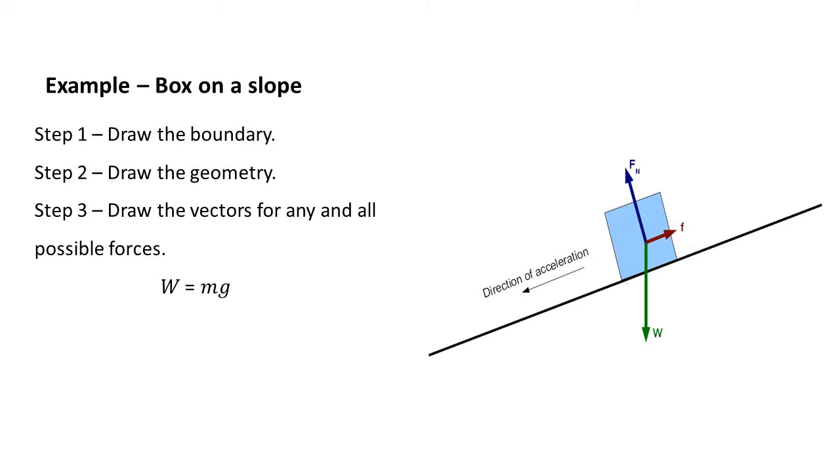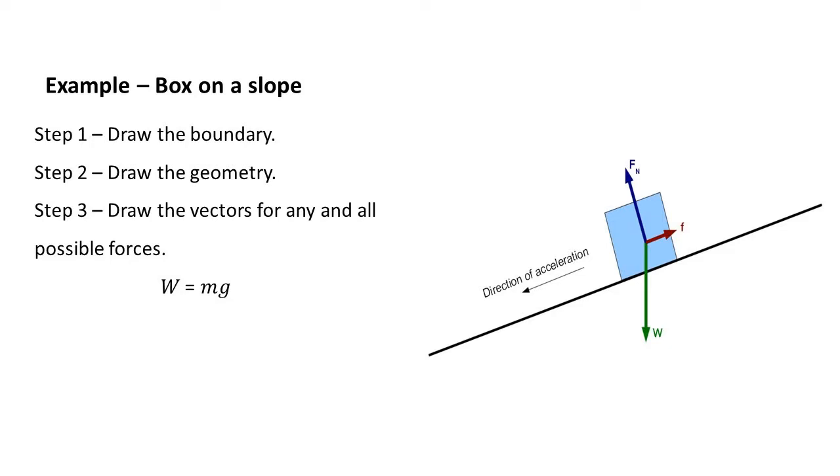The first one would be the weight of the box, which can be modeled in the middle of the box, assuming that the density of the contents of the box is uniform. And as you know, that weight is equal to mass times gravitational acceleration. And there are two other forces.